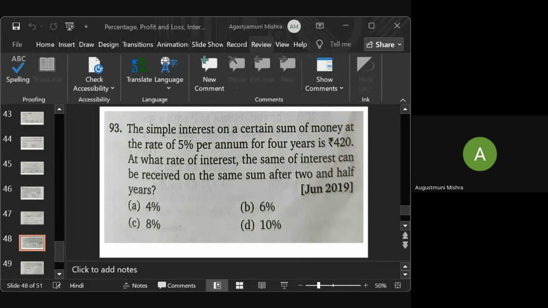One more minute left. Okay, one response we have, that is C. Now I'm changing the slide because it's 2 minutes.